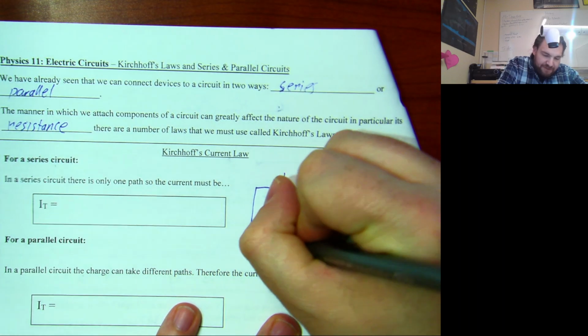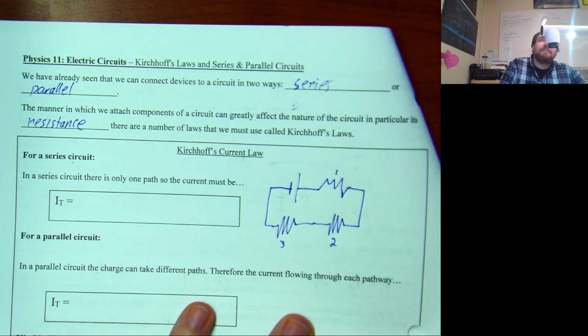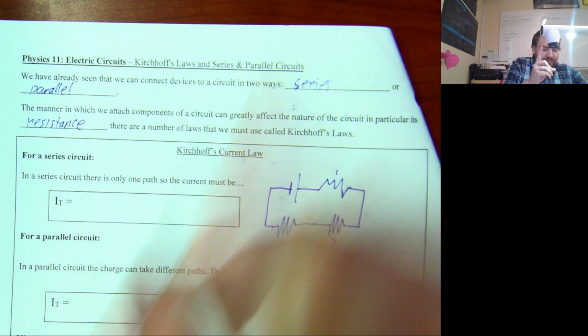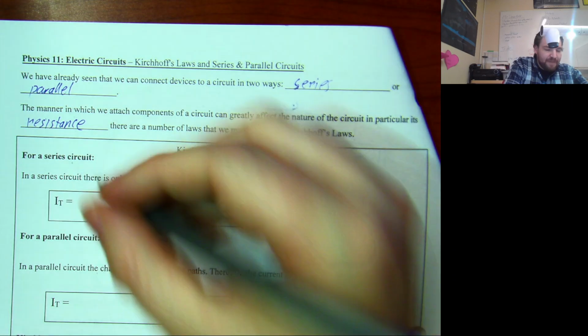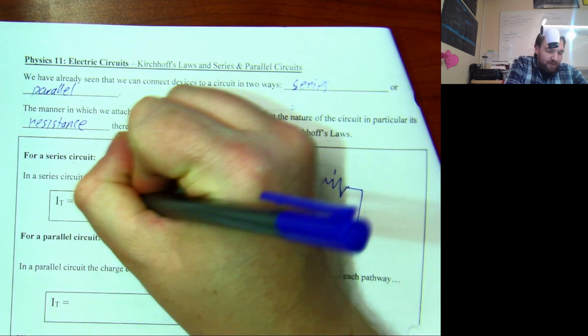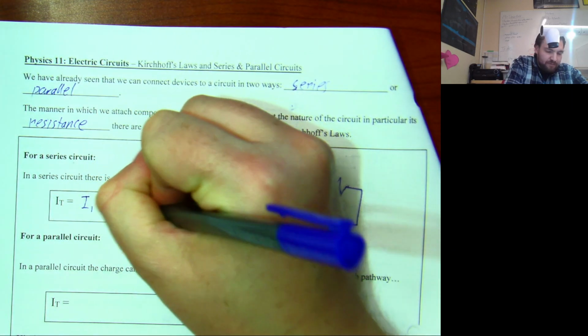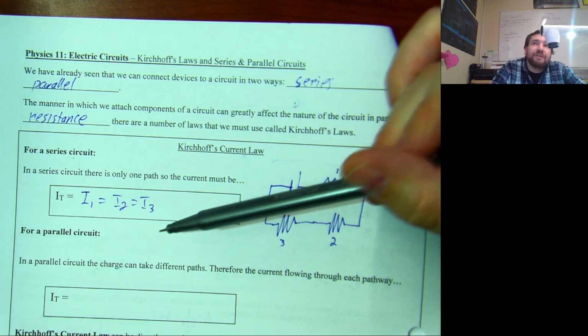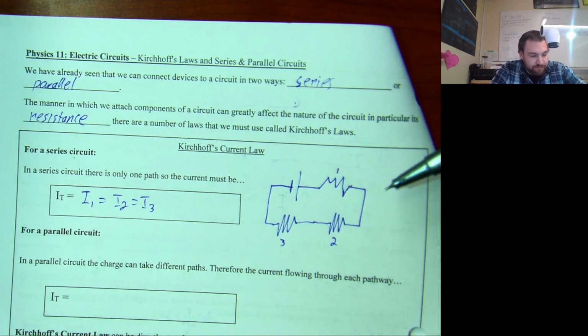I've got resistor 1, resistor 2, resistor 3. In series, the current is equal everywhere. It doesn't matter what object it's going through, the current's going to be the same throughout.